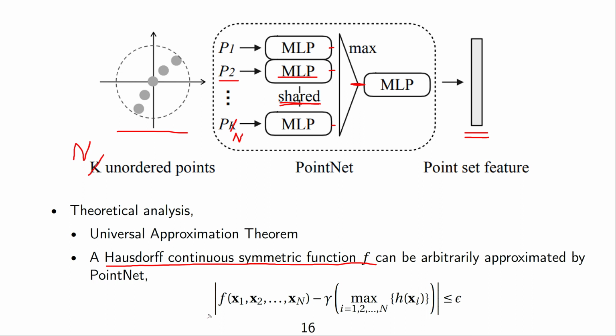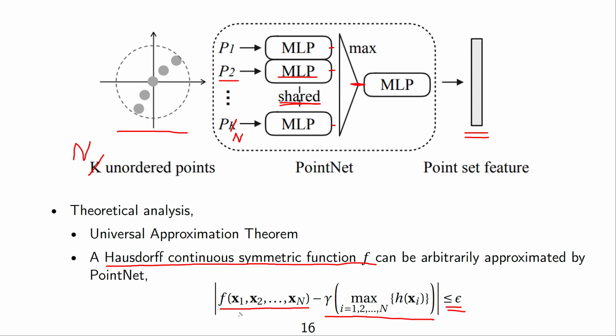That means that the difference between f(x1, x2, up to xn), an arbitrary function of the given function class, minus whatever PointNet function we have in the PointNet function class, the difference between these two functions, that means the best fitting functions, can be made smaller than or equal to epsilon for all points.